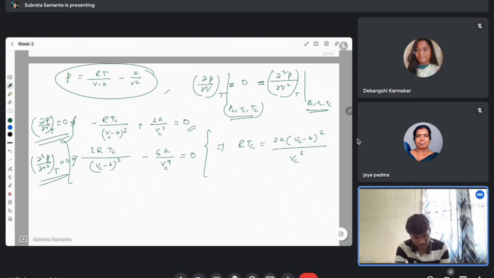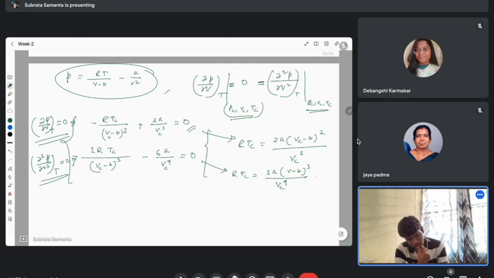So from this equation and another equation we also get RTC is 3A VC minus B the whole cube by VC to the power 4.